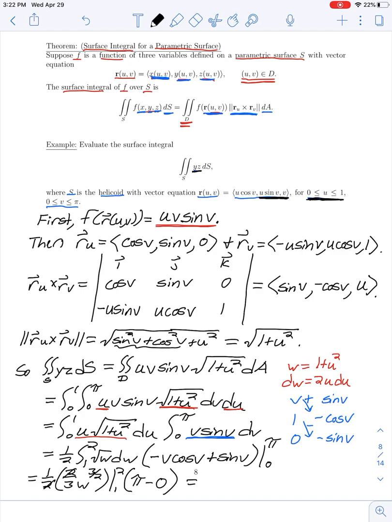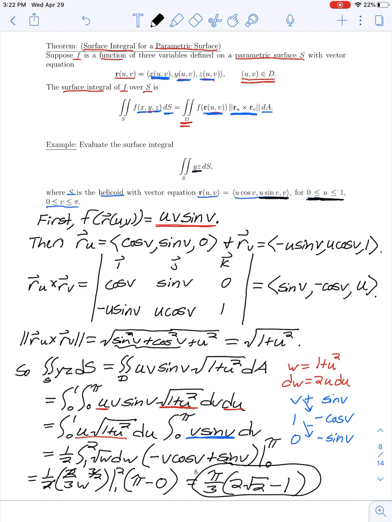So altogether, we are left with 1/3 pi, or pi over 3, times 2 to the 3/2, or 2 root 2, minus 1 to the 3/2, which would be 1. This would be the value of that surface integral of y times z evaluated over the part of that helicoid whose vector equation was given.